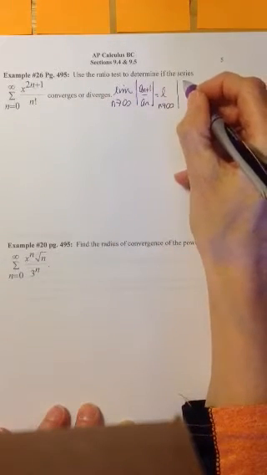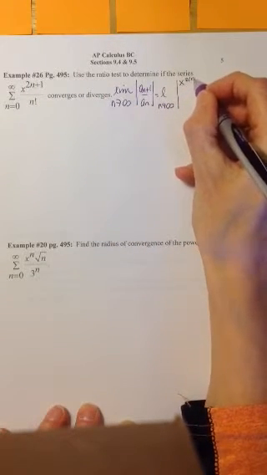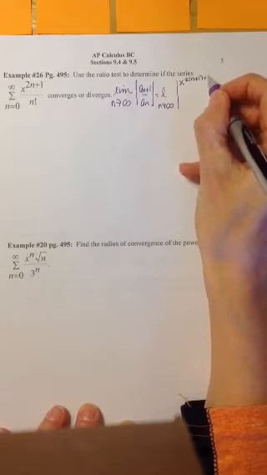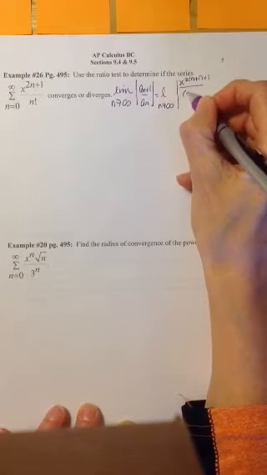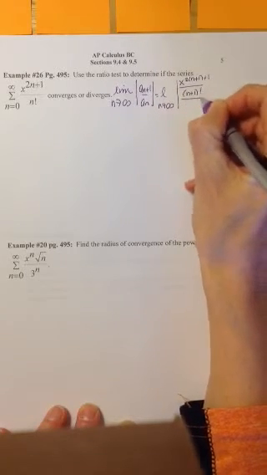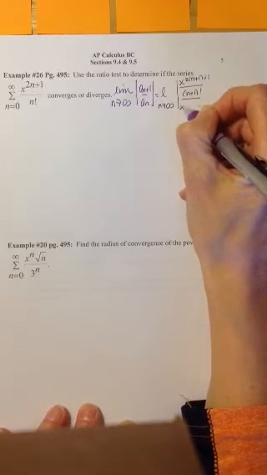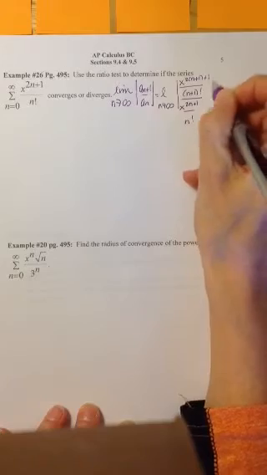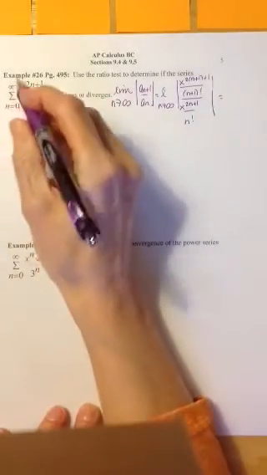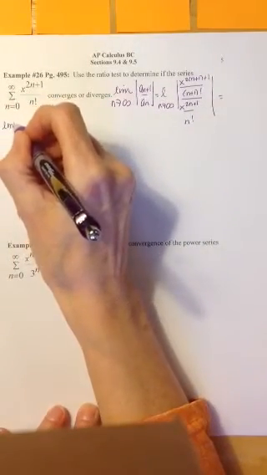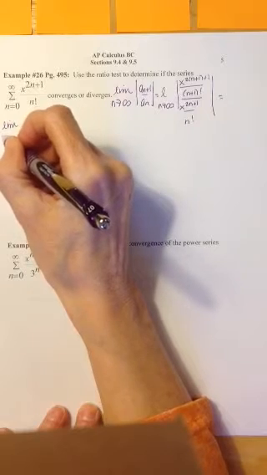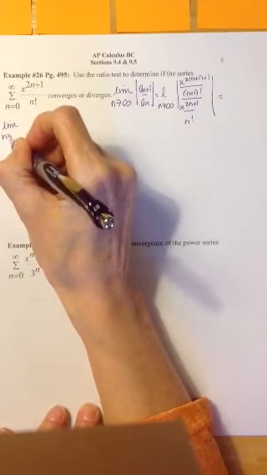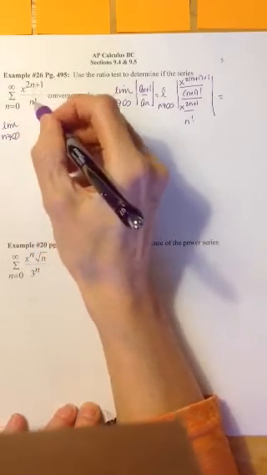So this is going to look like x to the 2 times n plus 1 all over n plus 1 factorial, divided by x to the 2n plus 1 over n factorial. We're going to have to use some rules of exponentials and factorials to simplify.